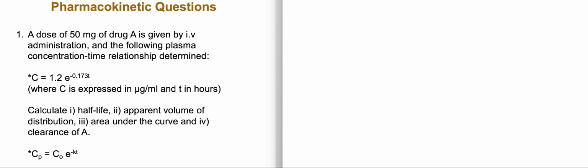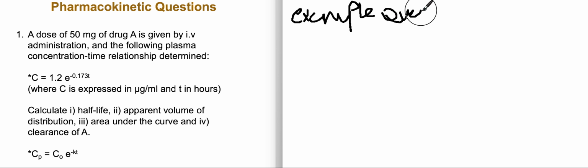Now, an example question to test our understanding. A dose of 50 milligrams of drug A is given by intravenous administration, and the following plasma concentration time relationship is determined.